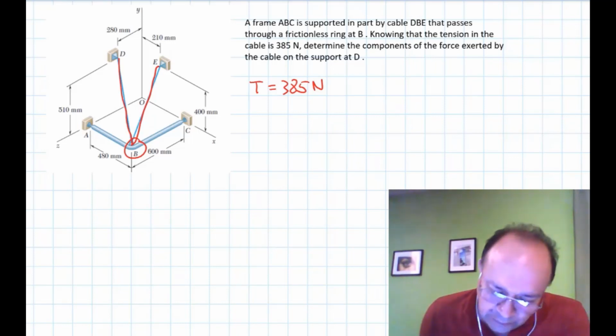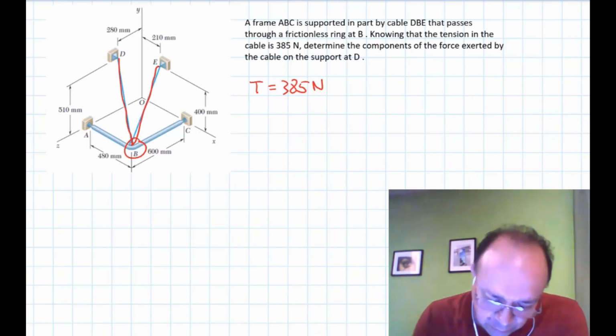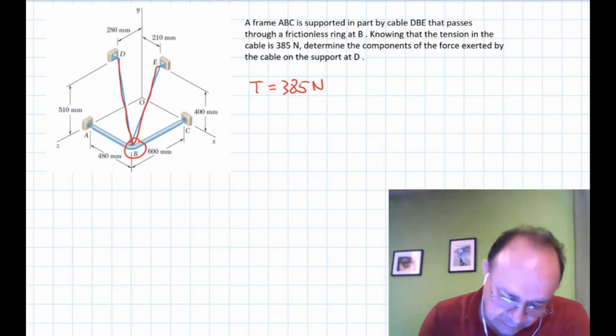Determine the components of the force exerted by the cable on the support at D.